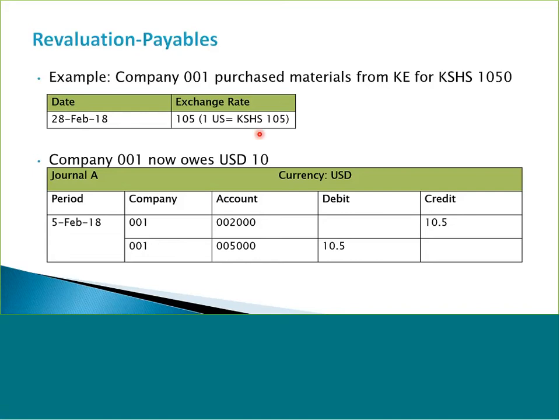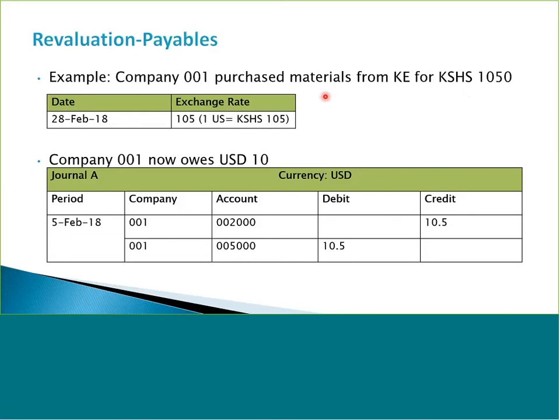So in real sense, on the 28th of February, Maskani now owes the company in Kenya $10, not $10.50. Okay, because this amount in Kenya shillings, which that company is claiming, the one in Kenya, has not yet changed, but the exchange rate has changed.